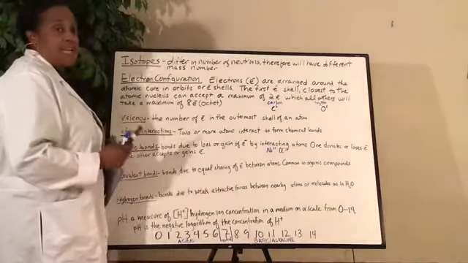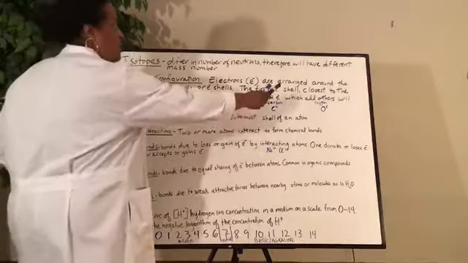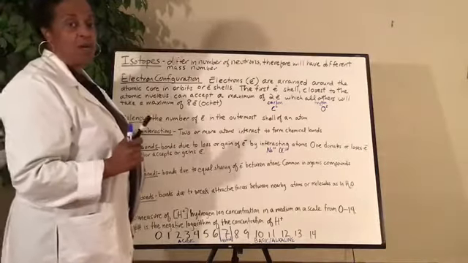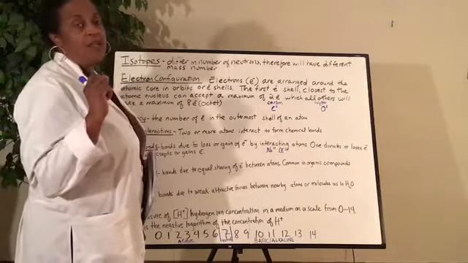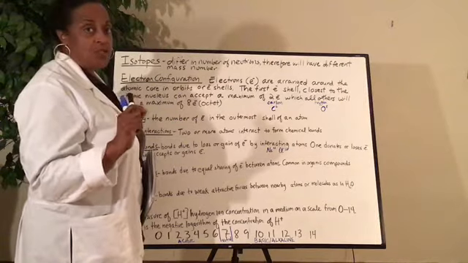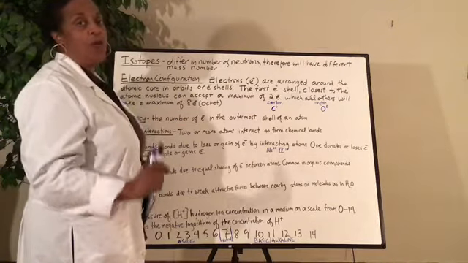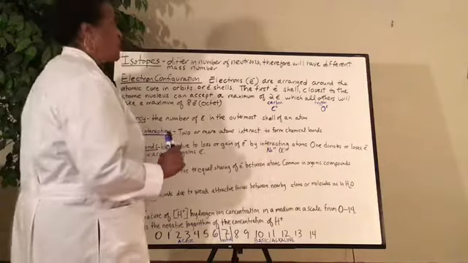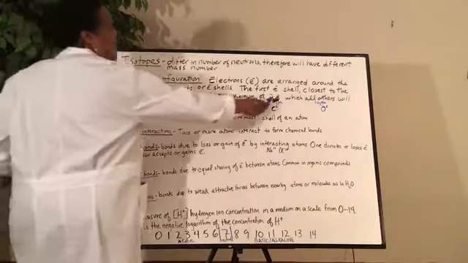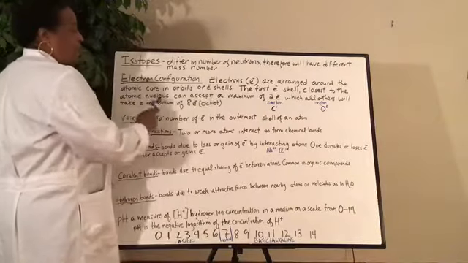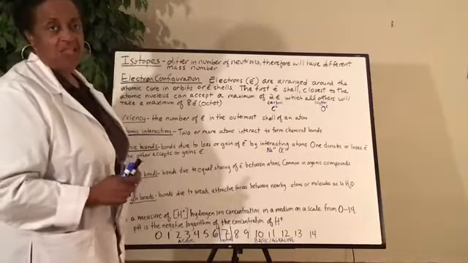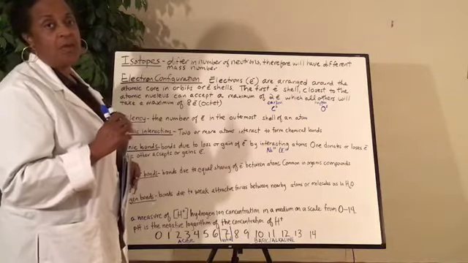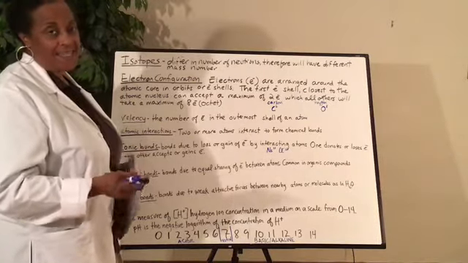The first electron shell closest to the atomic nucleus can accept a maximum of 2 electrons. All the other shells or orbits can take up to a maximum of 8, which we call an octet, right?